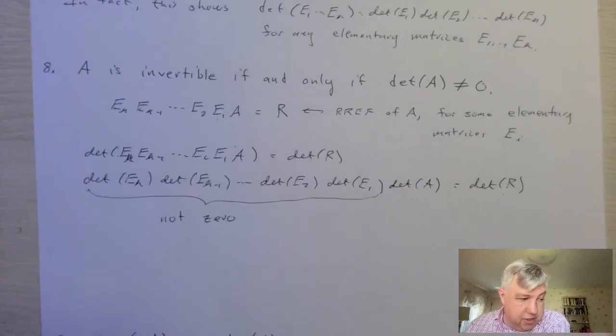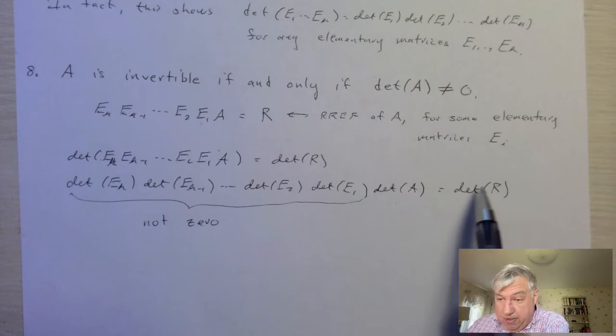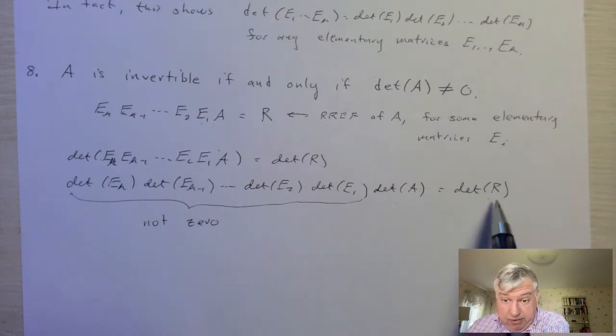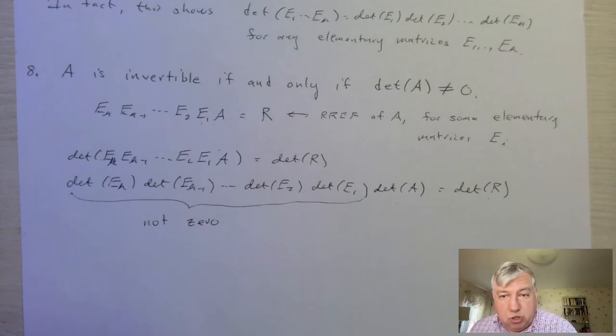So now what happens if A is invertible? Then R is just the identity matrix. If A is not invertible, then there's going to be a row of zeros in the reduced row echelon form, and from number 2 up here, we showed that then the determinant is going to be 0.